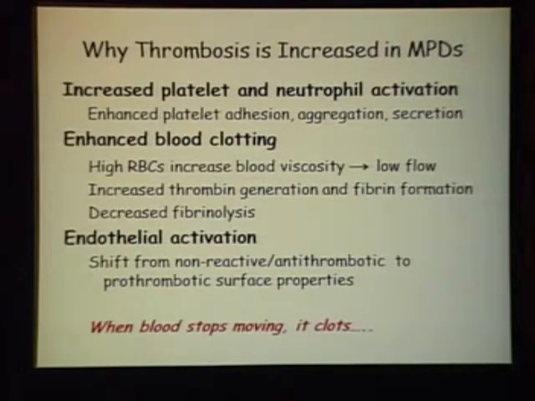Indeed, the JAK2 mutation has recently been described in the endothelial cells of patients who have myeloproliferative diseases, as well as in the blood cells, and this itself may change the way the endothelium reacts. And all of these conspire together to make the blood move more slowly or to stop flowing. And I was taught as a medical student, when the blood stops flowing, it clots, and that remains true even today.